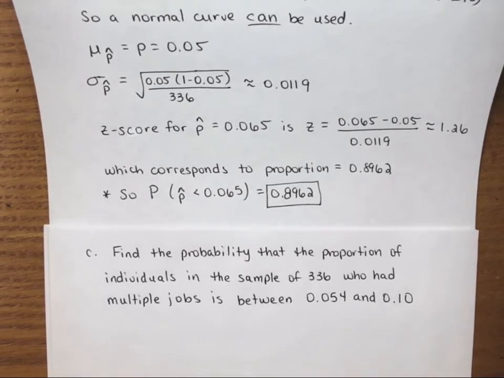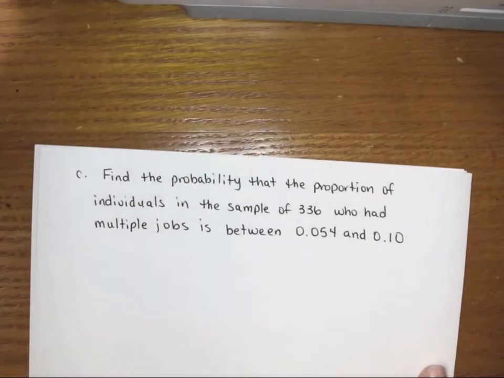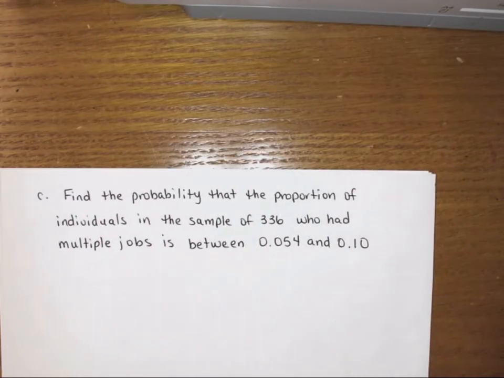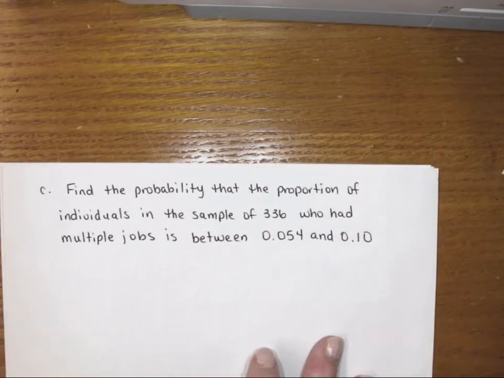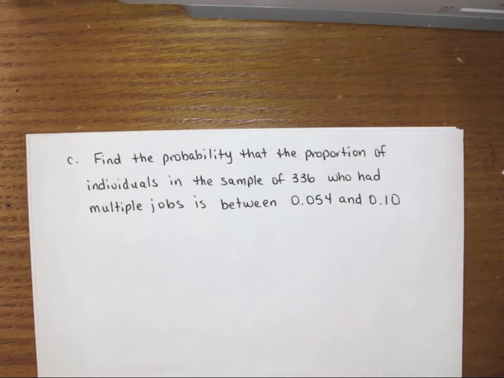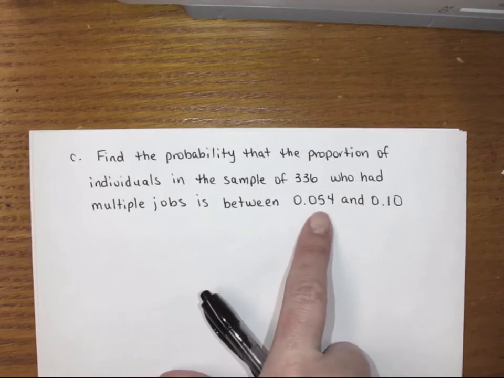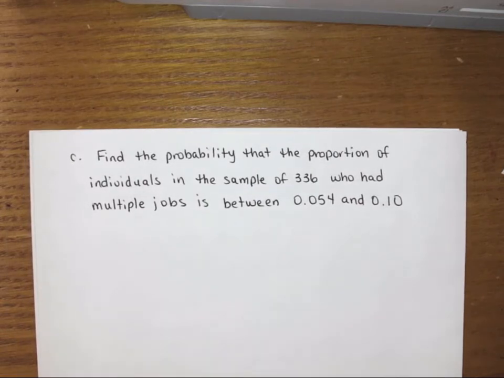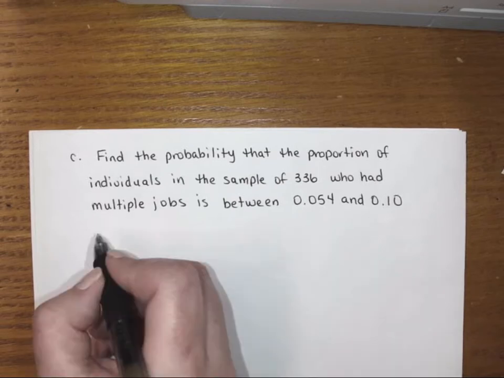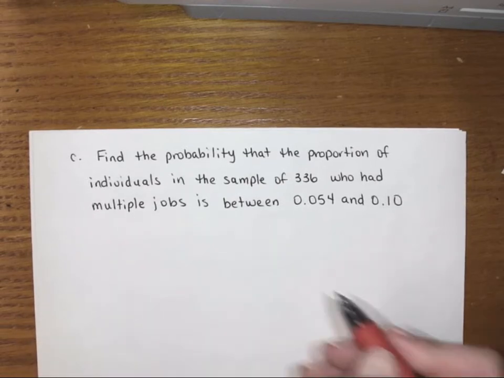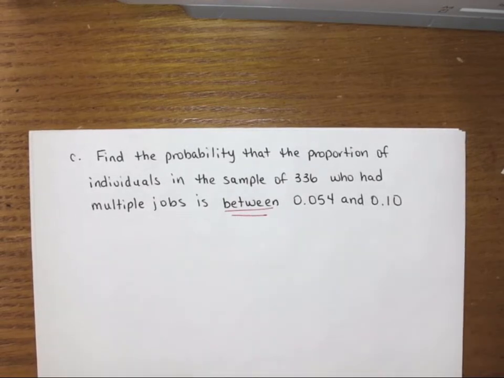Okay, remember, the population proportion is 0.05. So we're trying to find out what's the chances that in the sample we chose, instead of it hovering around 0.05, it's somewhere between 0.054 and 0.10. Okay, so anytime you have two values and you're trying to go between, that just means find two z-scores, find their proportions, and subtract the two.